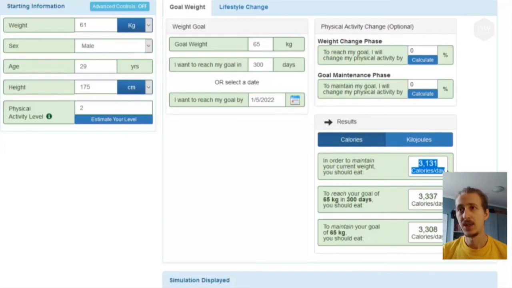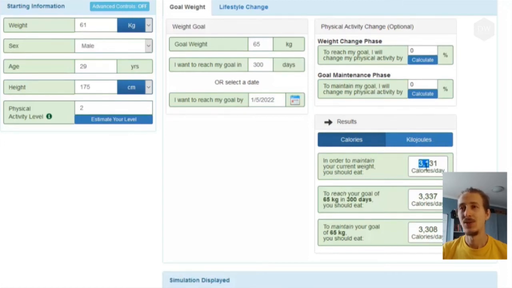If there is such a big difference, like in my example, 600 calories, then for weight gain purposes it's kind of optimal, because I will be increasing calories, and for that reason I might not need to go up to 3.3k to start gaining weight and building muscle.